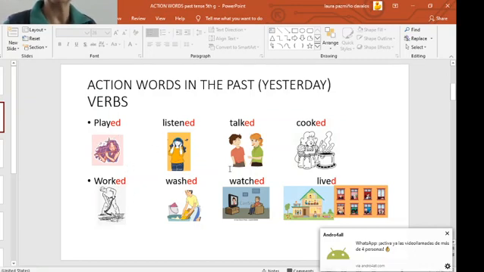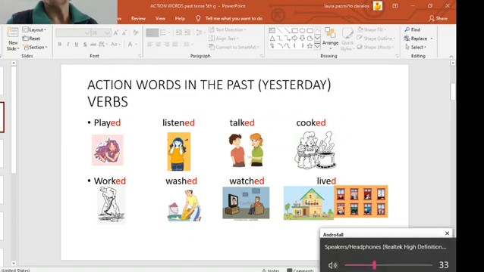Significa que estas actions están expresando una acción en el past. Están expresando una acción en el pasado. Entonces, estas words son regular verbs. Terminan con ed. ¿Se dan cuenta que todas terminan con ed? Significa que ahora estamos hablando del pasado.